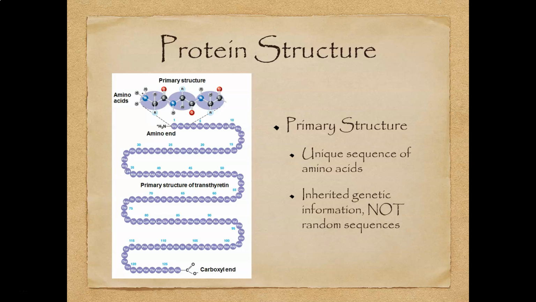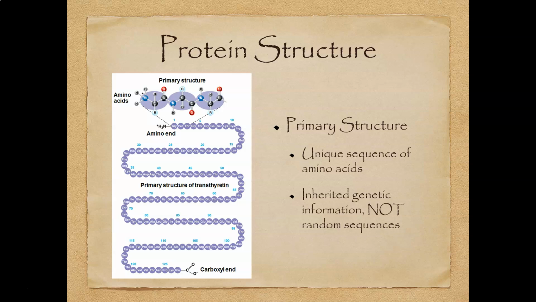And remember that these aren't random sequences. This is driven by inherited genetic information. We go through that protein sequence of DNA to messenger RNA out to the ribosomes to put those amino acids together. And that whole central dogma of biology of how we transmit and read genetic information and use it is really what we're talking about here with this primary structure.